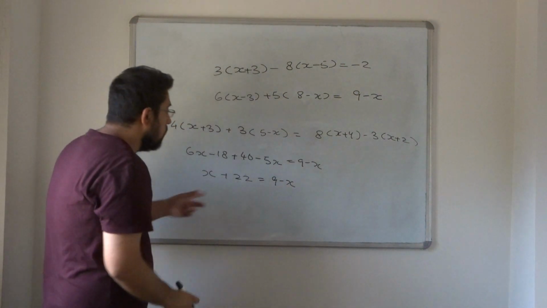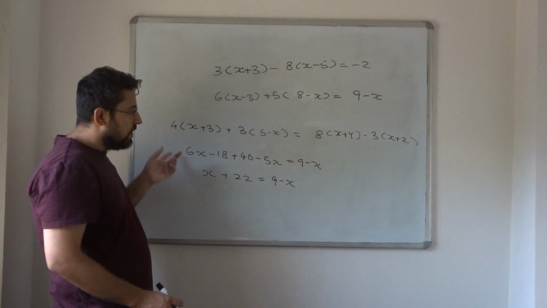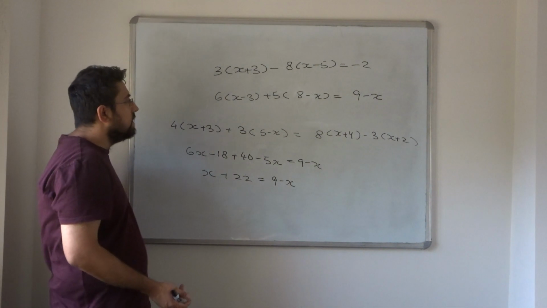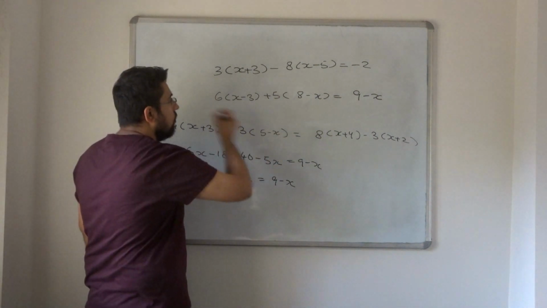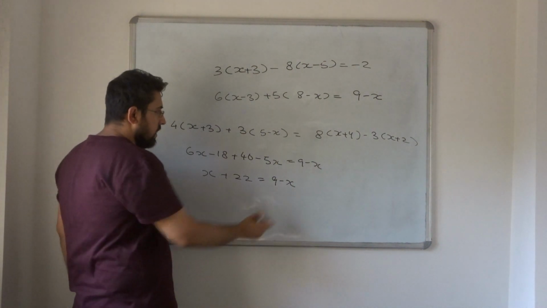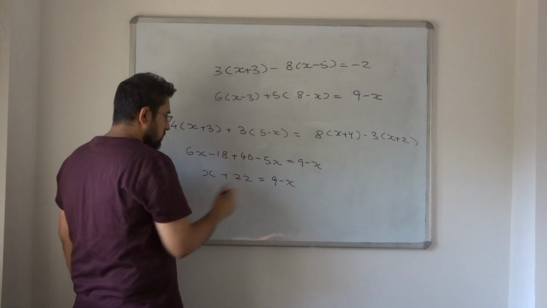Basically, I could have either taken everything on the left hand side and made it equal to 0, or like I just did, I worked all of this out and simplified it to this, and then I equate the two expressions.